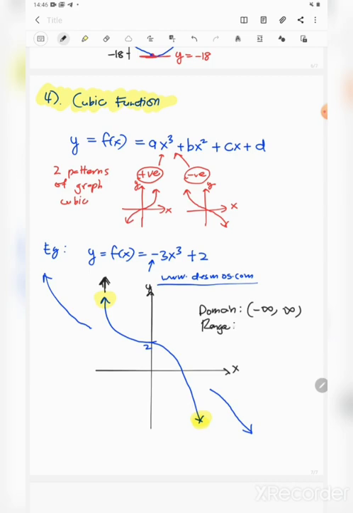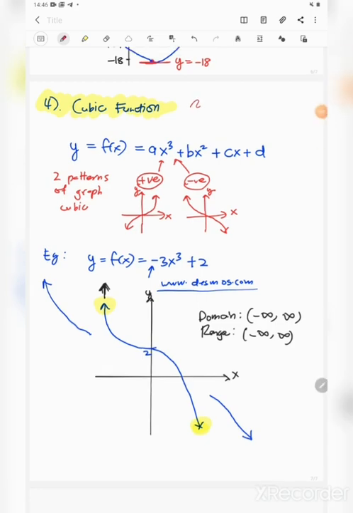We see that the graph points to the bottom and up, so our range is negative infinity to infinity. Both the domain and range are all real numbers.